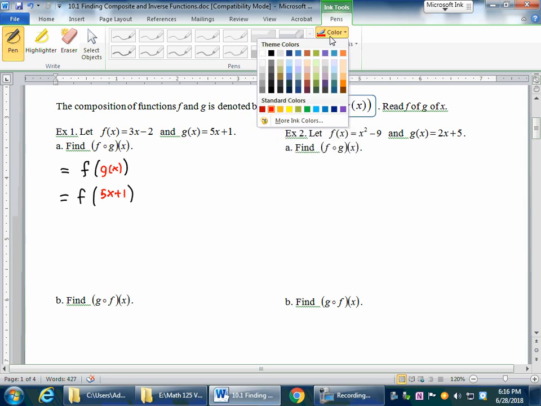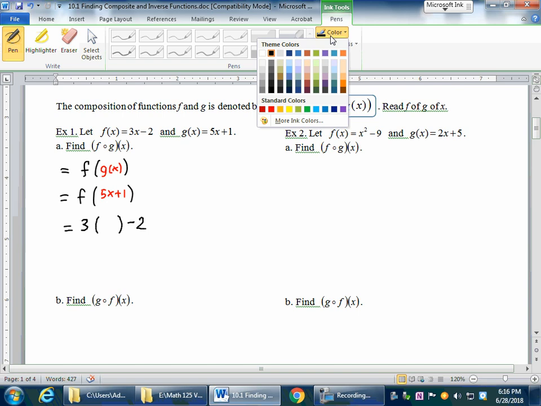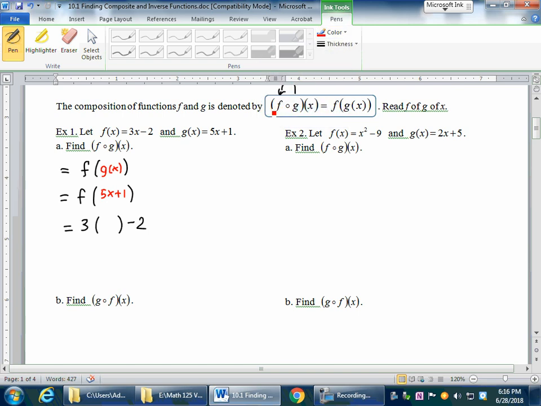So when we evaluate this, remember this is how I asked you to practice writing. The f function, the formula is 3 times the input minus 2. Now I can clearly see where my input is going to go, which is 5x plus 1 right here.